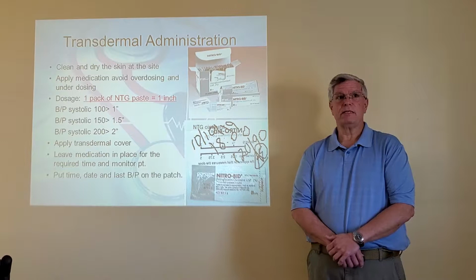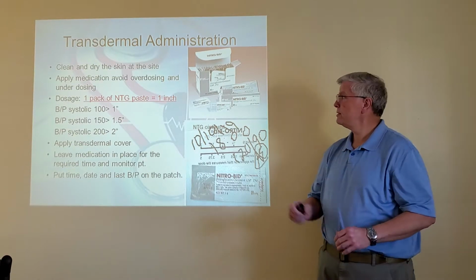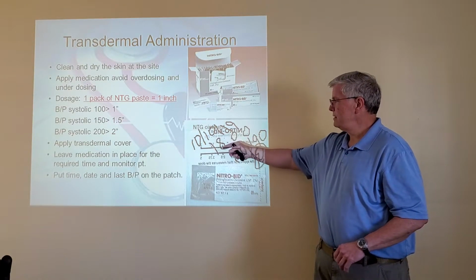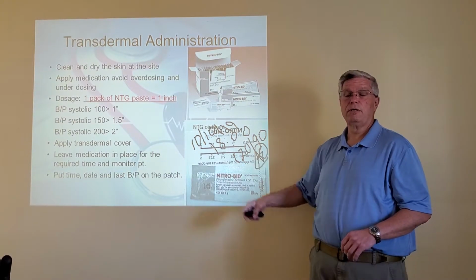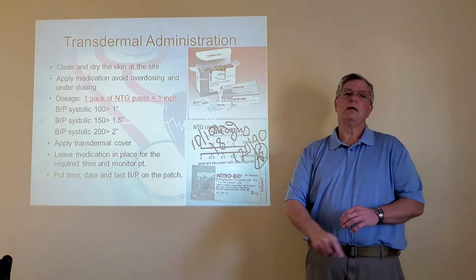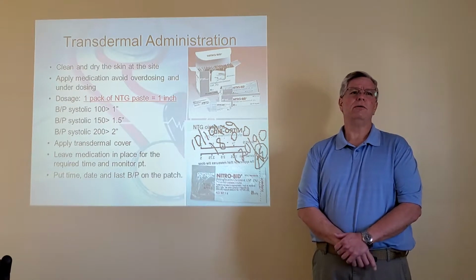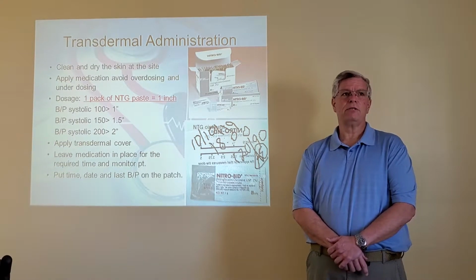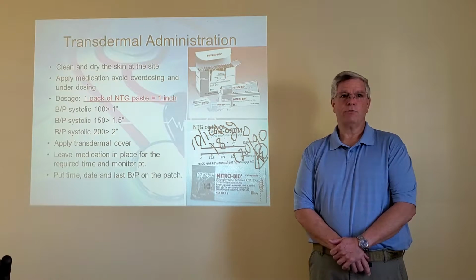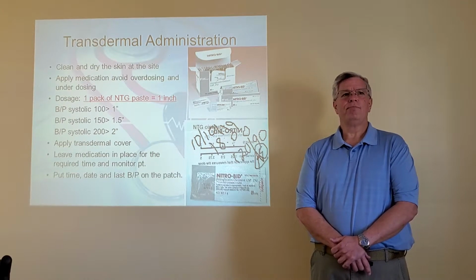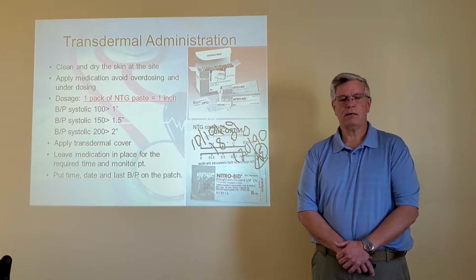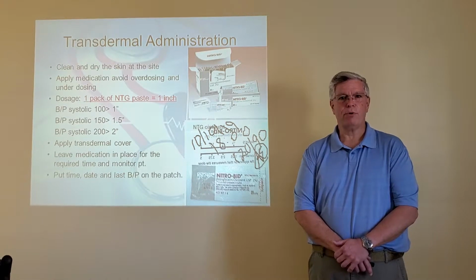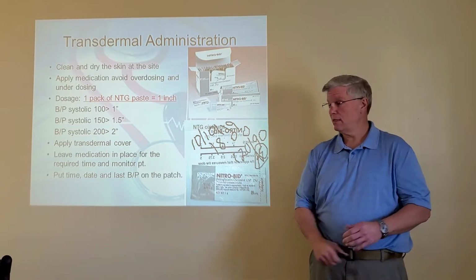I have a tendency to always place the date, the time, and the last blood pressure and initial. Therefore, when you're monitoring your vitals, if you do have a downward trend in your BP, you don't have to try to think back what your last blood pressure was when you applied this.